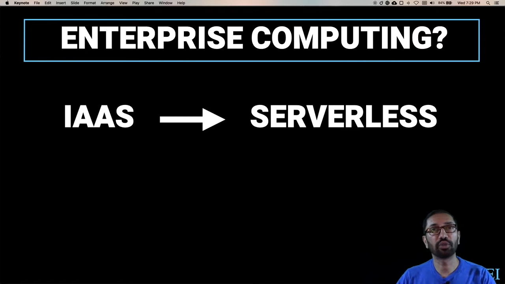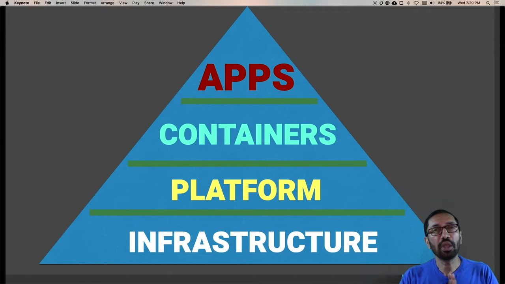So if we think about where we've been or where we are today, we have infrastructure at the bottom of this pyramid, and then we have platforms on top of it, whether it's Linux or Red Hat or Windows or whatever you're running on. And then we typically build with containers, and then we deploy those containers and maybe orchestrate them using Kubernetes, and then that's how we build a full application.